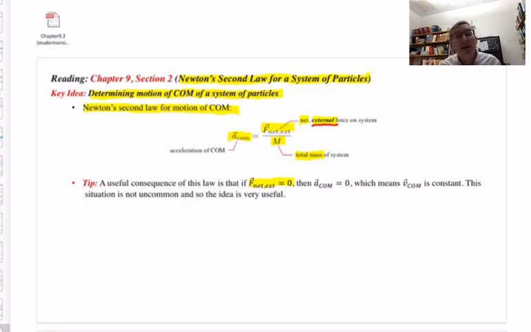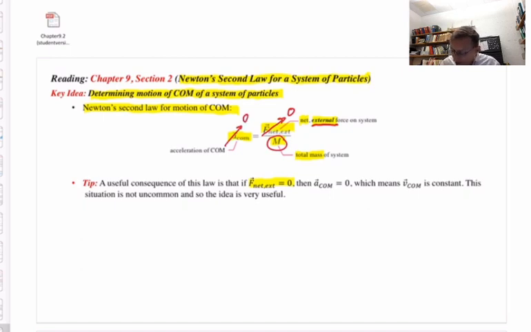So suppose that is what happens. We have a net external force equal to zero on our system. Then Newton's second law for the motion of the COM says you put a zero in the numerator on the right-hand side. Whereas, of course, the denominator on the right-hand side, the m, is not zero. So I've got a zero on the right-hand side. Therefore, the acceleration of the center of mass must also be zero to maintain the equality.